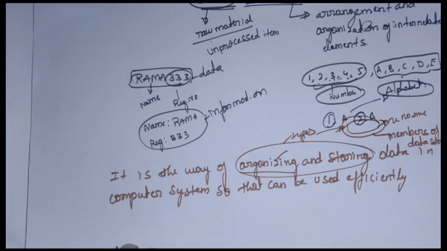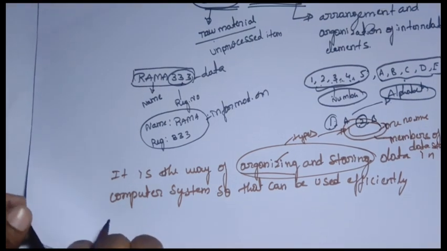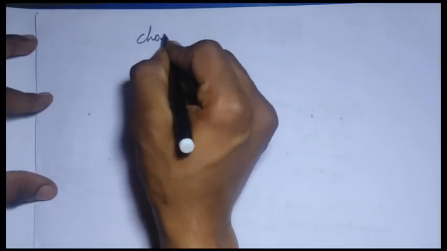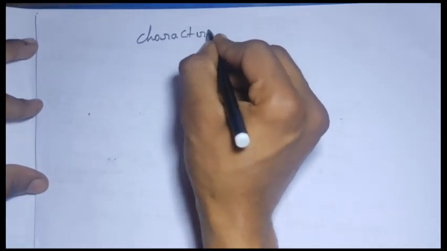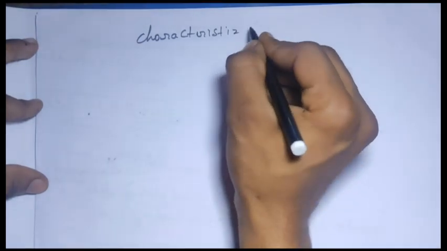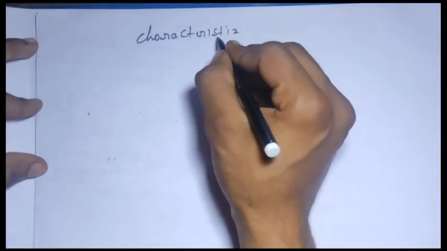Okay, so next we will move on to the characteristics of a data structure. What are the characteristics we have in a data structure? Data structure helps in organizing and analyzing data in a logical manner.